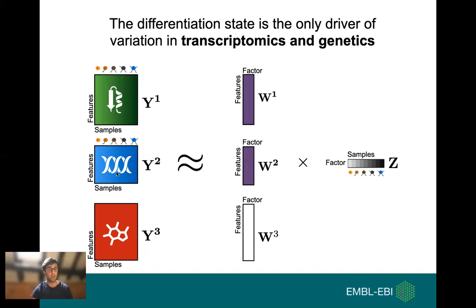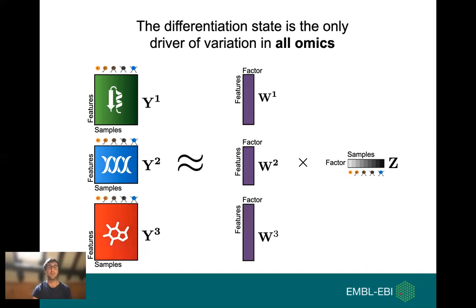Now, again, if you feed MOFA, MOFA will just recover one source of variability, because there is just one in this experiment. But now when you look at the weights, you're going to see high weights on RNA and high weights on genetics. And then finally, it could be that the differentiation state is a driver of variation across all of the omics, and then you're going to recover something like that.